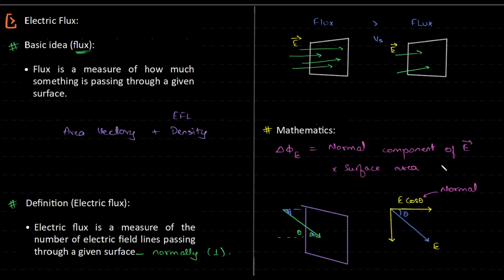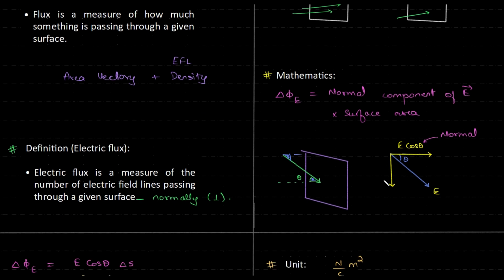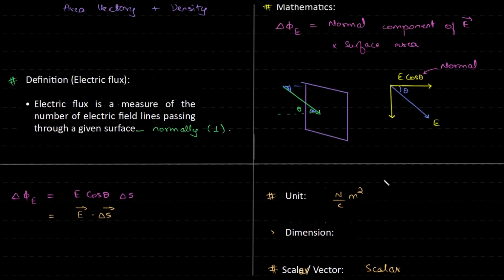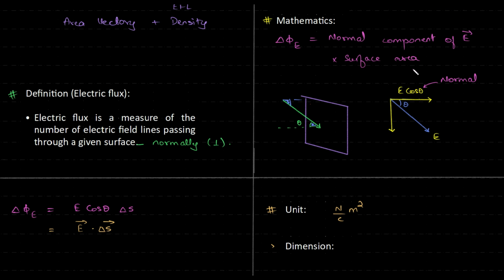So mathematically, we are taking that aspect into account. Normal component of any field, in this case electrical, into the surface area. Makes sense. Again, we're looking at the total. The surface area need not be 1. It can be any amount of area.